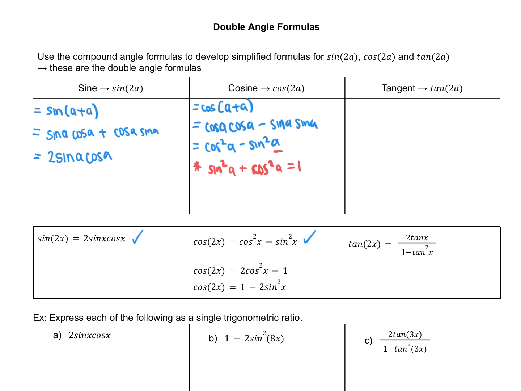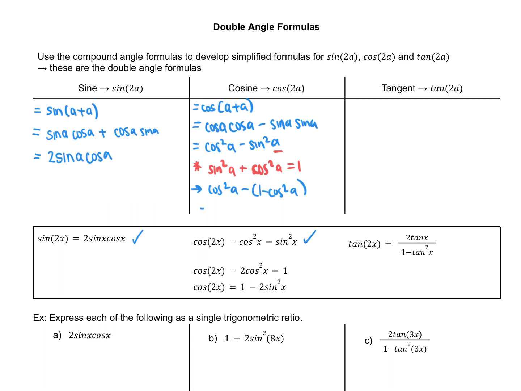So I'm going to use both options in our double angle formula. In one version, I'm going to replace sine squared a with 1 minus cos squared a. So that's me bringing the cos squared a over in the Pythagorean identity and then subbing that in.